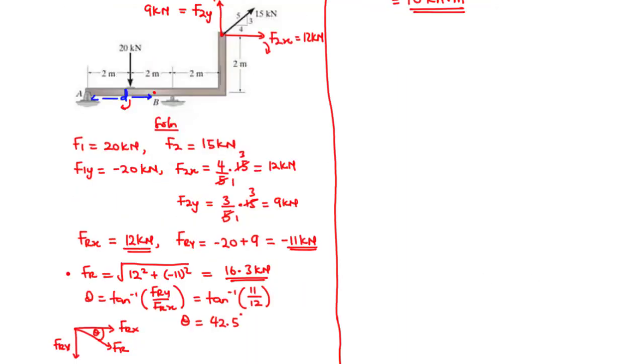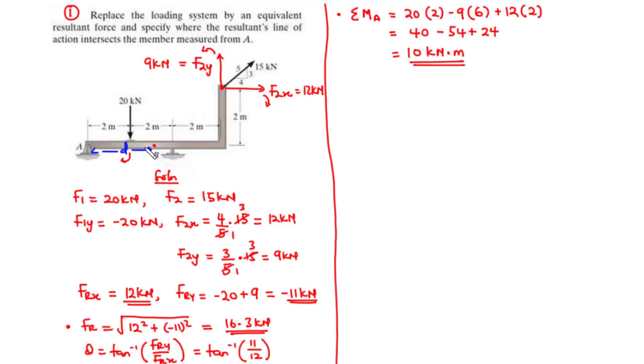Now, this Fr has a positive x value and a negative y value. So we are going to have something like this. That is Frx. And then we have this to be Fry. And then we have this to be Fr.